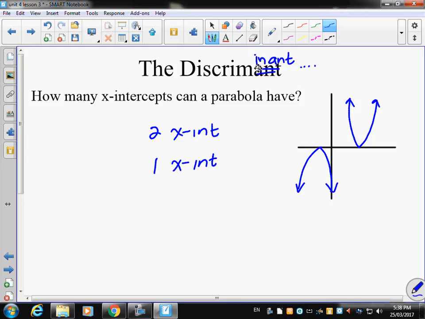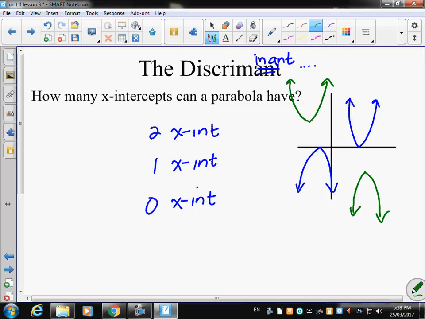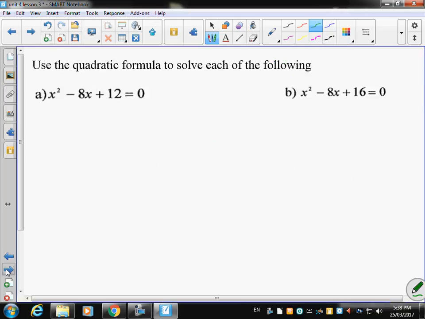It is also possible to have no x-intercepts. And that happens if you have one that opens downwards with a vertex below the x-axis, and they're kind of floating here, and this one opens upwards above the x-axis. So it is possible to have any one of those 3 scenarios.